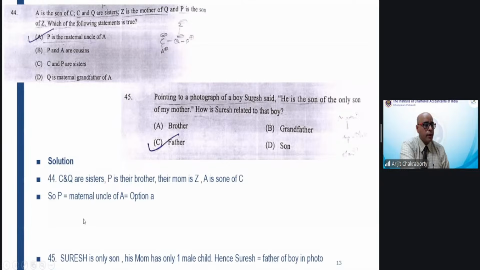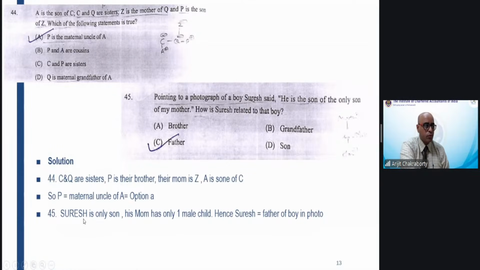Okay. So we saw number 44 where P is the maternal uncle of A. Option A we have clicked. And for the 45th we can see the reasoning. Suresh is the only son. His mother has only one male child, clearly said, because he is the son of the only son. That means Suresh might have a sister.